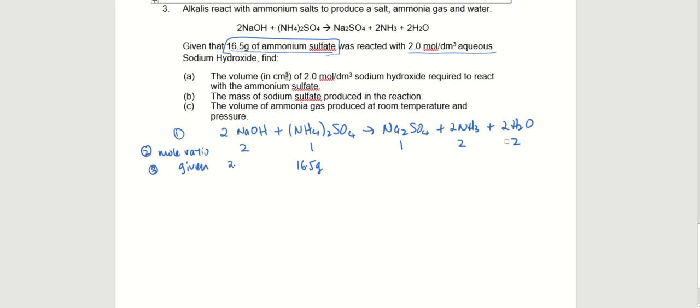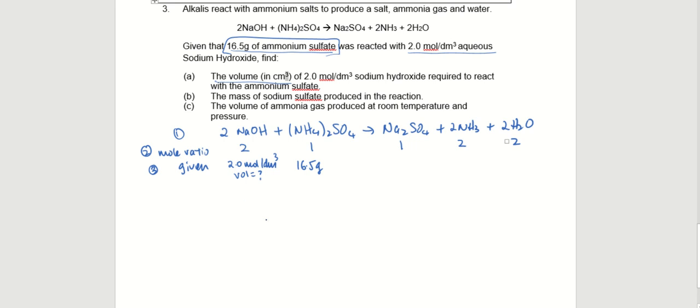So we know that 2.0 mole per dm cube concentration of sodium hydroxide was used. Okay, we are asked to find the volume. So what is the volume of the sodium hydroxide that was used?